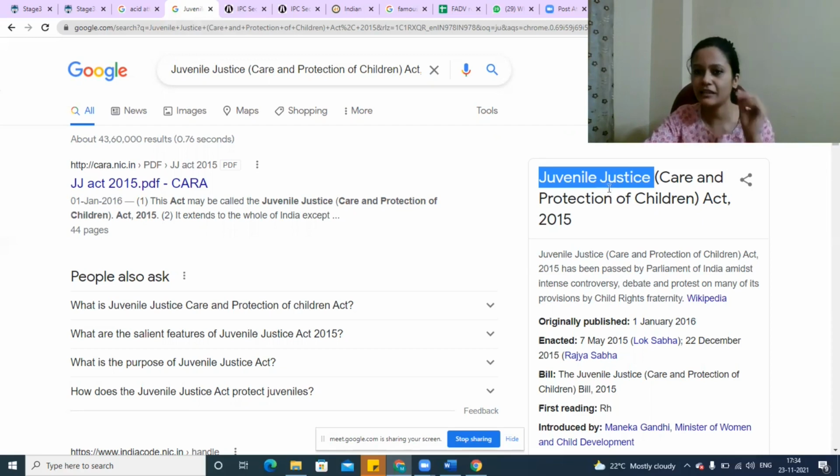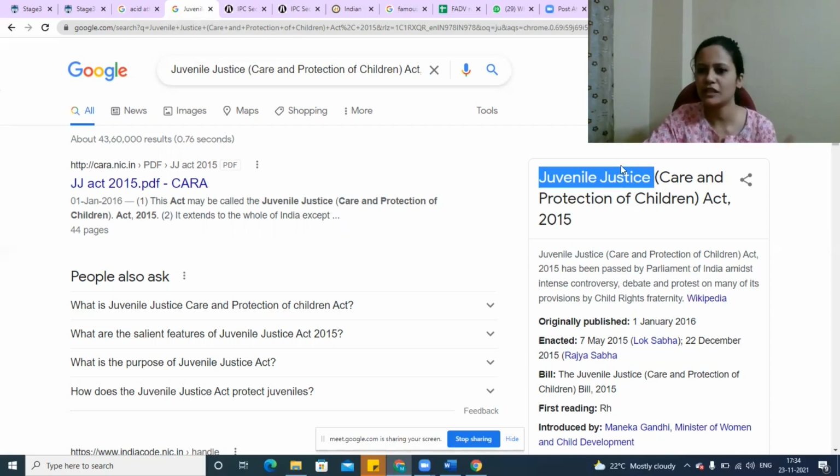They said that if a child within the age group of 16 to 18 years commits a crime, we will not straight away try him under the Juvenile Justice Act, but rather the court will try to understand if that child was mature enough or not. If the court figures out that he was mature, the court will try him like a normal adult under IPC.